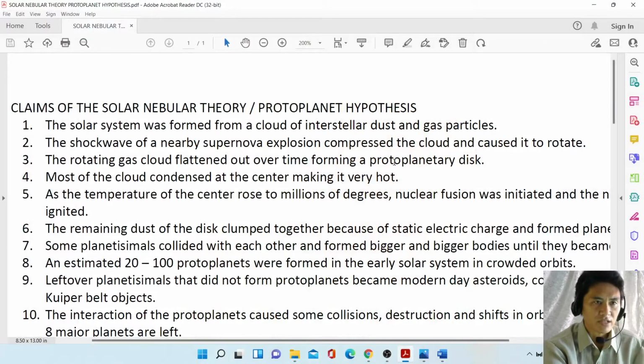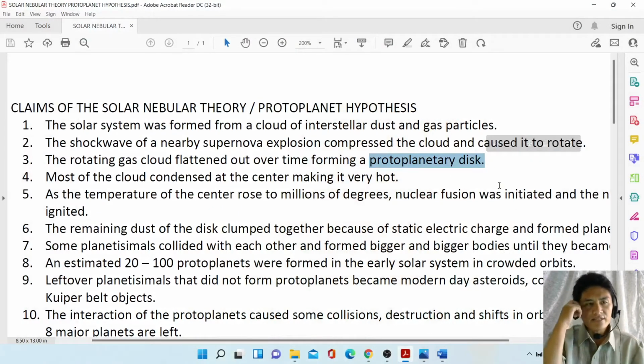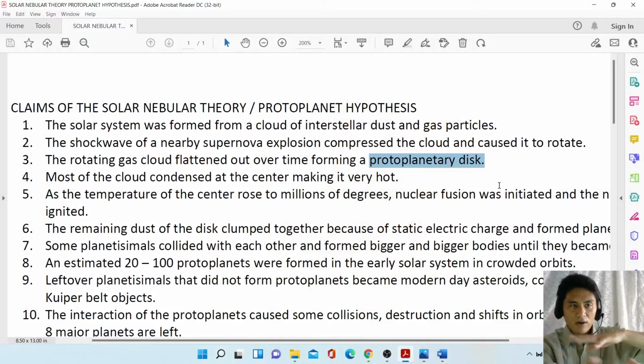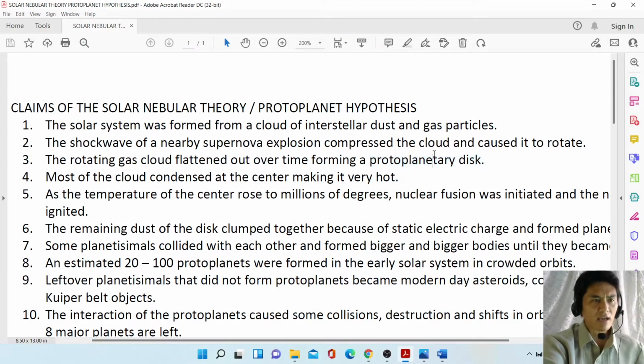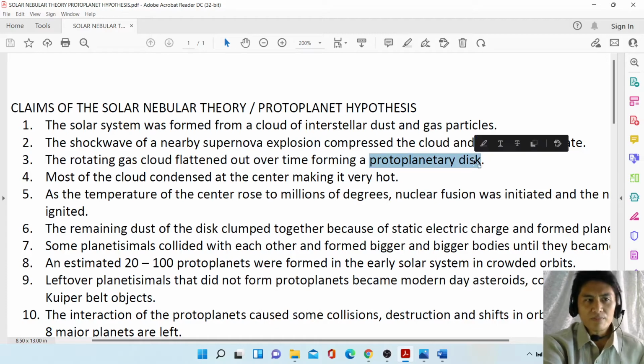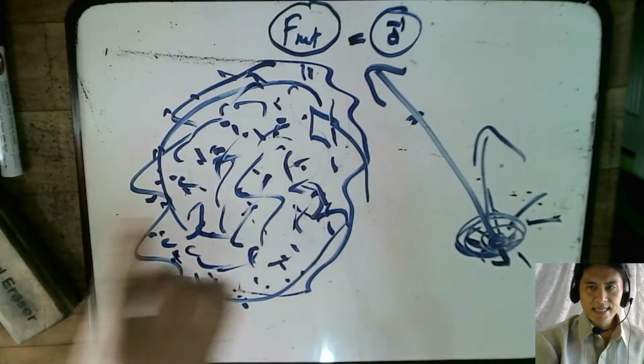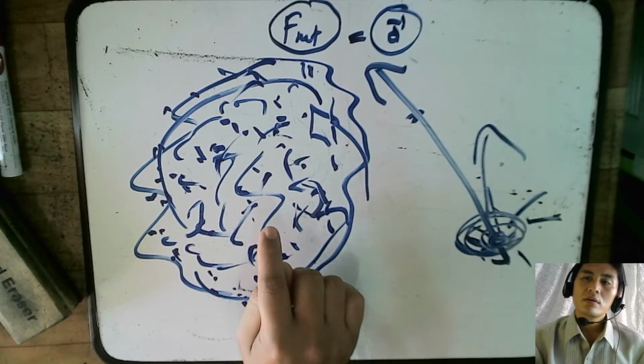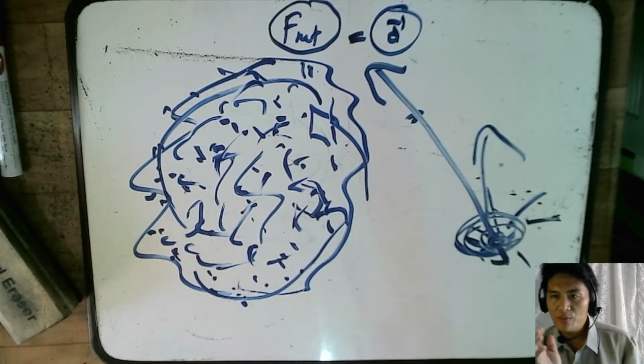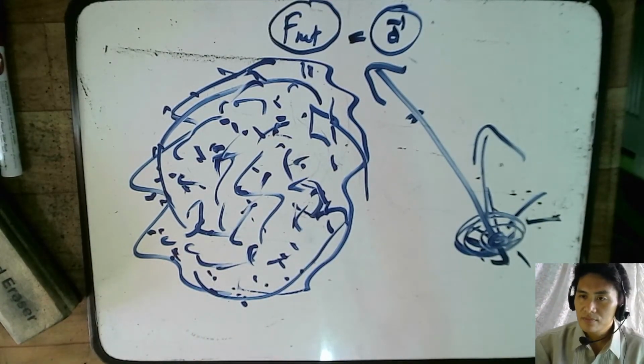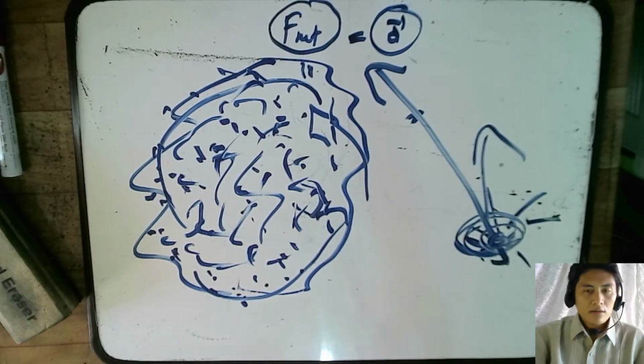Okay, so it flattens out into what is termed a protoplanetary disk. A protoplanetary disk is a flat disk where planets are created. And why do we believe that protoplanetary disks are like this? Well, again, logic would tell us that if the solar system came from a nebula, and if we look at the skies right now, we see other nebulae in the sky.